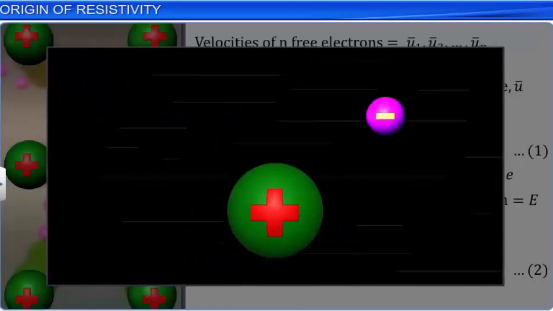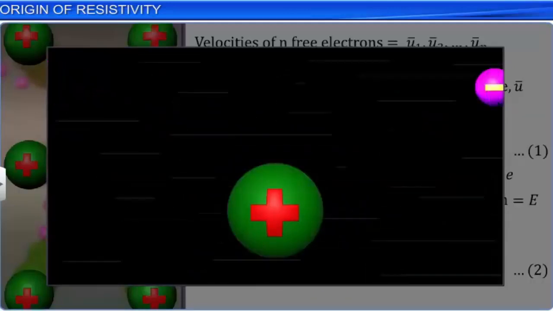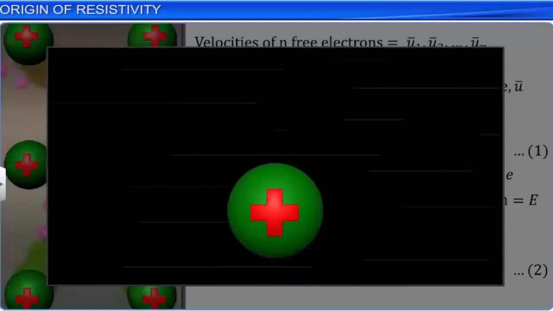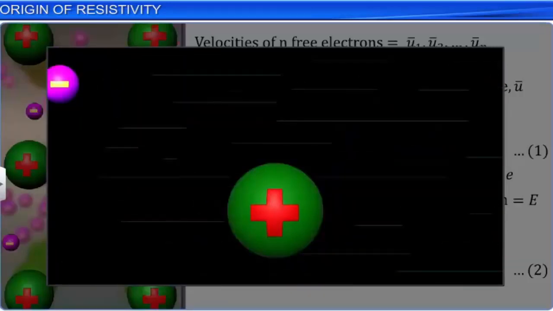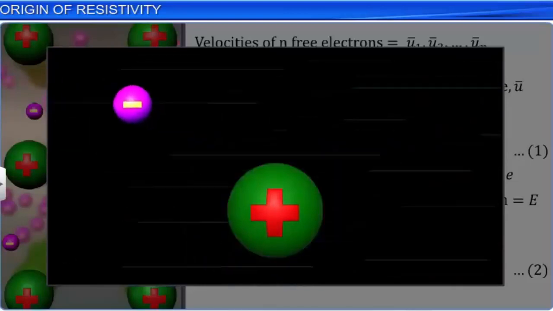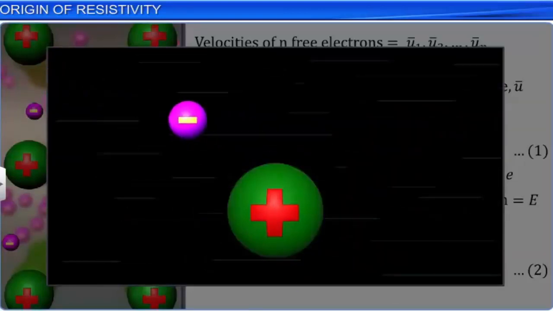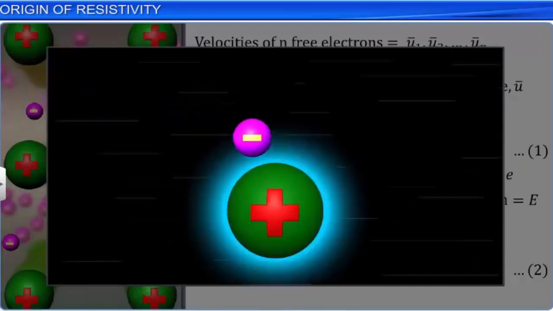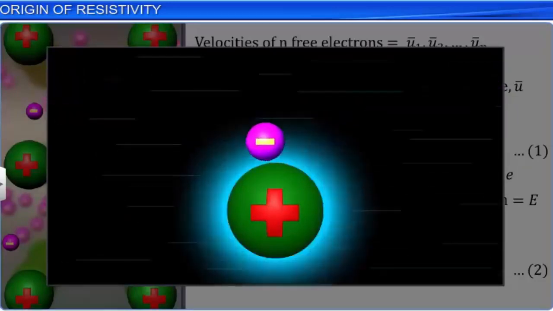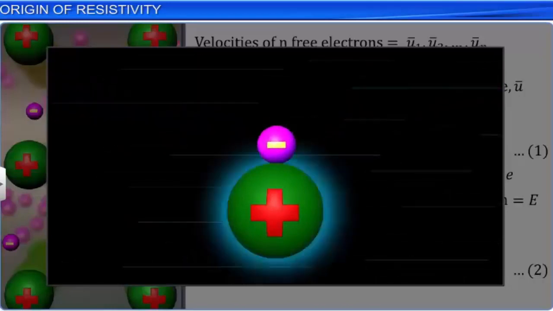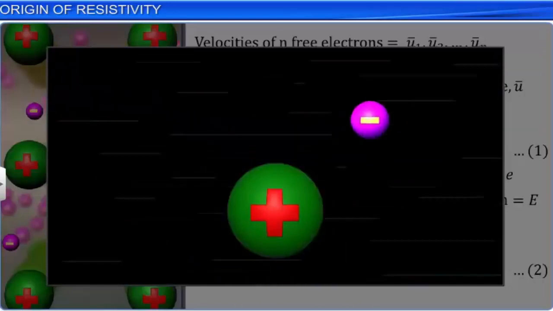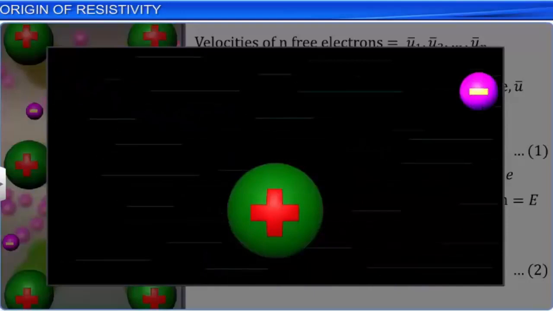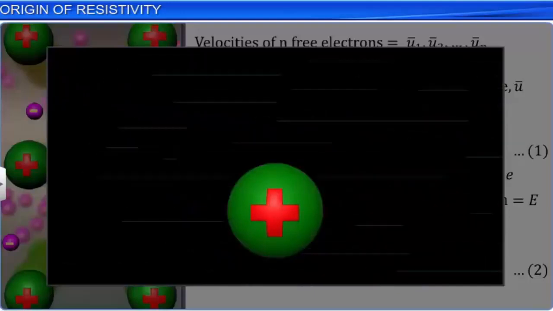Immediately after the collision, the free electrons are accelerated due to the applied electric field. This acceleration increases the velocity and thus the kinetic energy of the electrons. The electrons again collide and lose their kinetic energy. Due to these repeated collisions, the average acceleration of the electrons is reduced to 0.